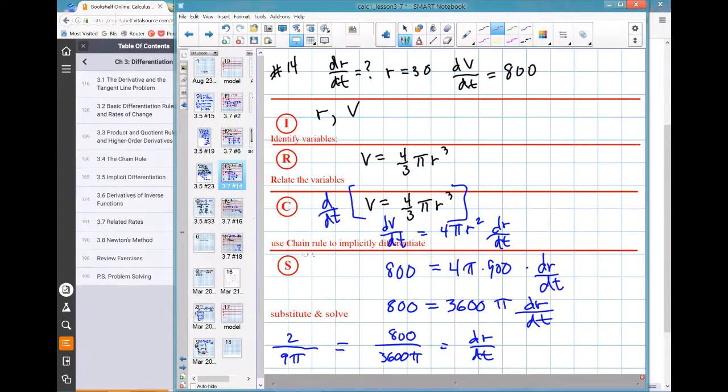So simplify, 4 times 900 is 3600. So that's 3600 pi there. And then divide both sides by 3600 pi. The raw answer you would get would be right here. And then I ran out of space, so I moved to the left there. Simplify that a little bit.